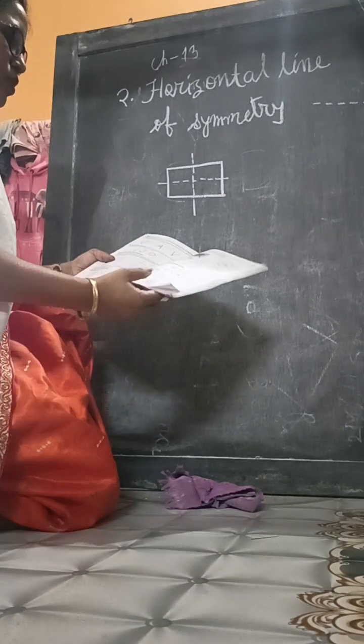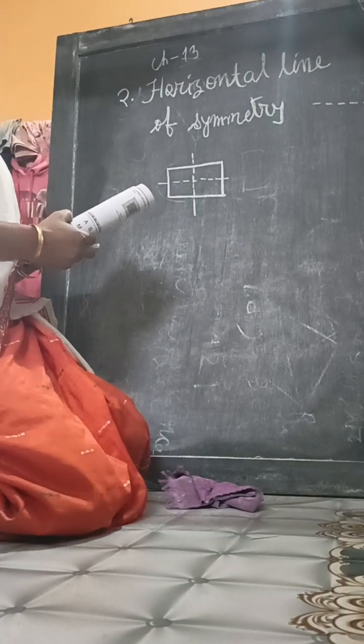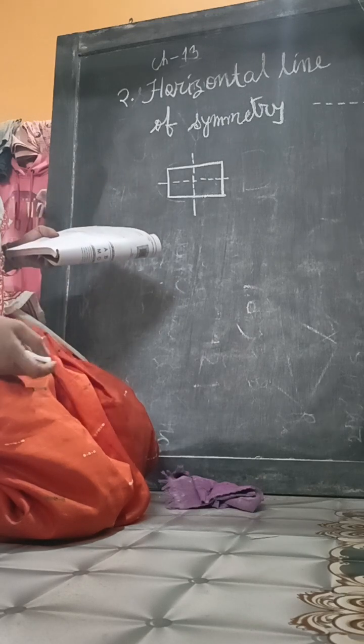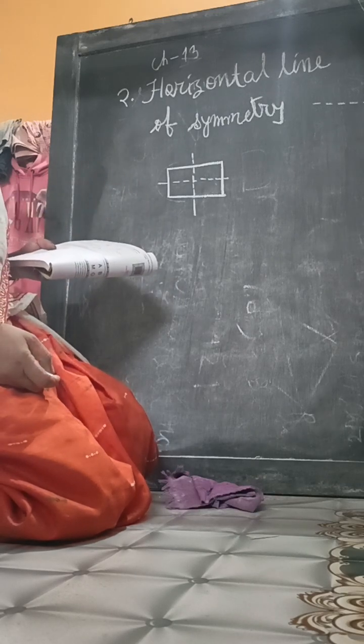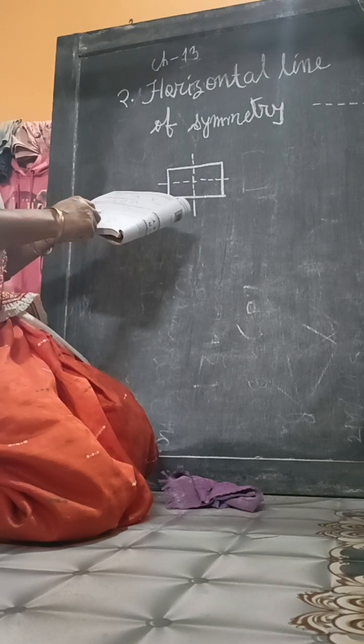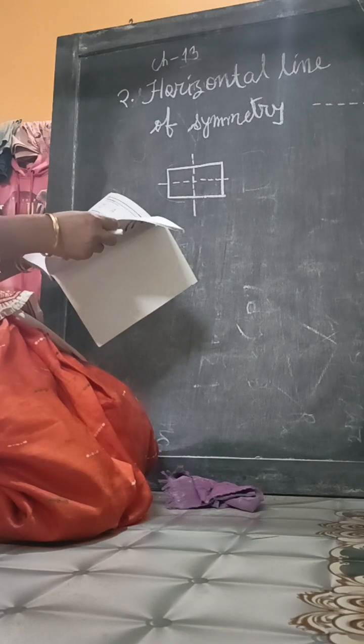In the case of a rhombus, do you know about a rhombus? A rhombus is a quadrilateral whose 4 sides are equal, but each angle may or may not be 90 degrees. So in the case of a rhombus also we get 2 lines of symmetry.